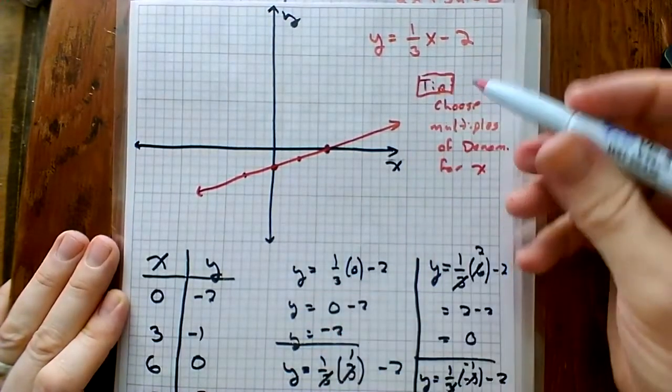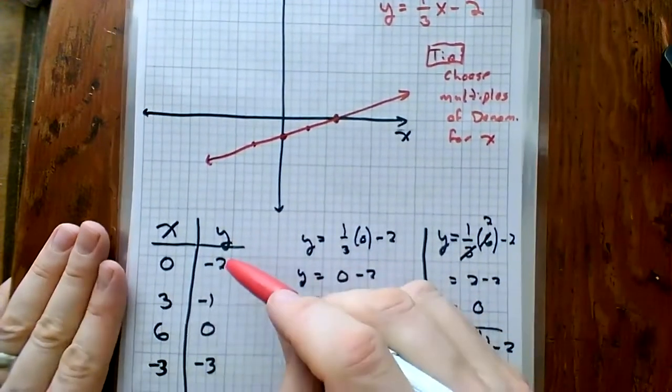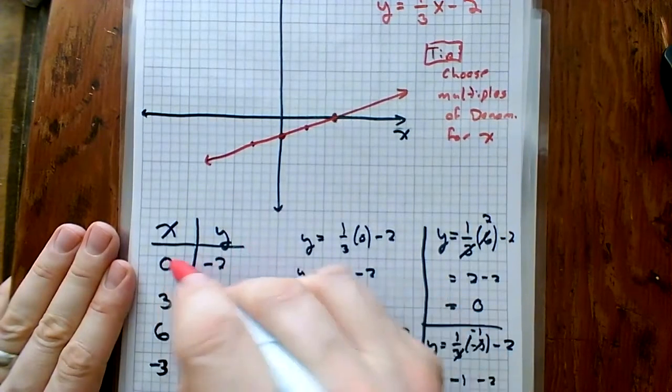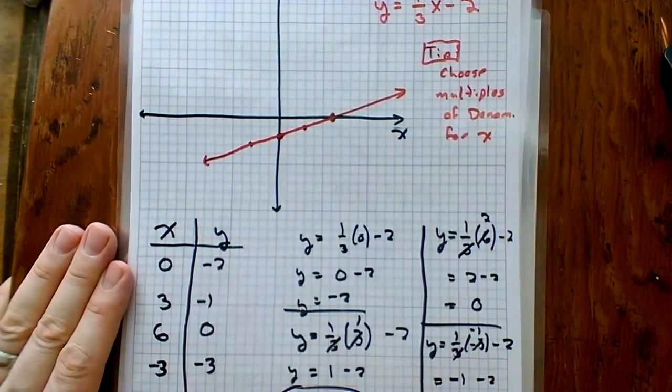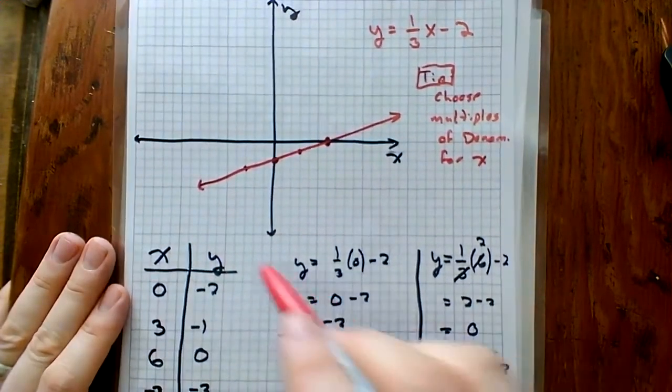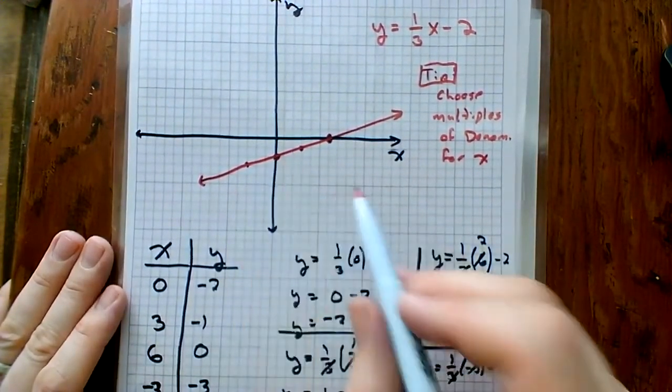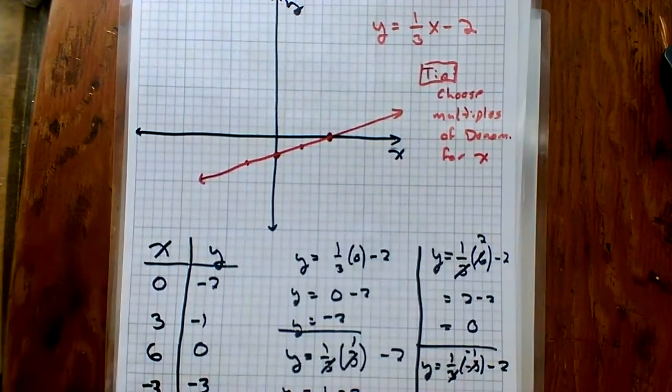And that really helps you find some nice clean integer values, and that's going to really make graphing a lot simpler for you. You can in fact graph with fractions, but you've got more estimation going on. All right, that's all I've got for now, and I will see you in the next video.